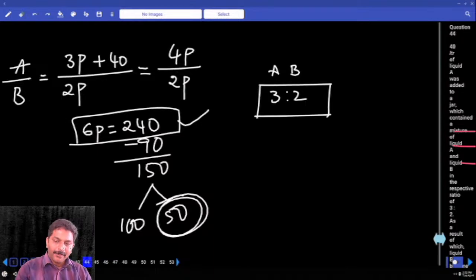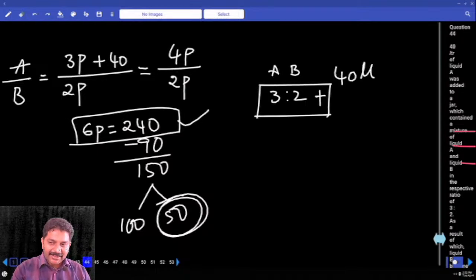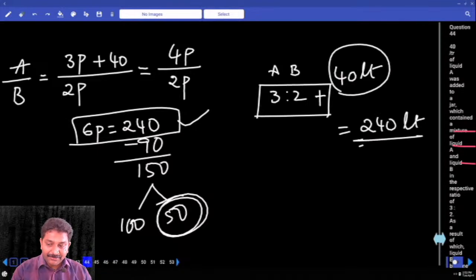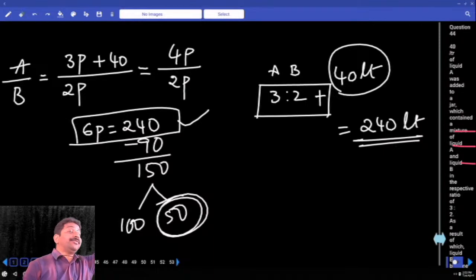To that, how many liters of liquid A is added? 40 liters of liquid A is added. And then now we have 240 liters. That means after adding 40 liters, it becomes 240, so before adding, it was 200 only. That was the point that I was telling you.